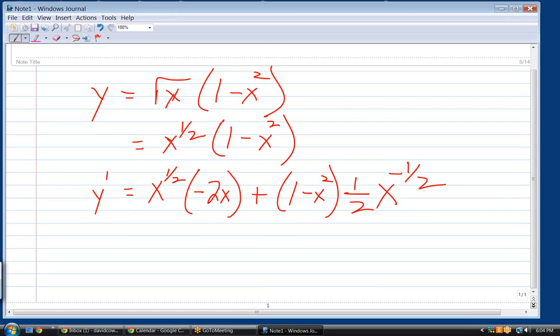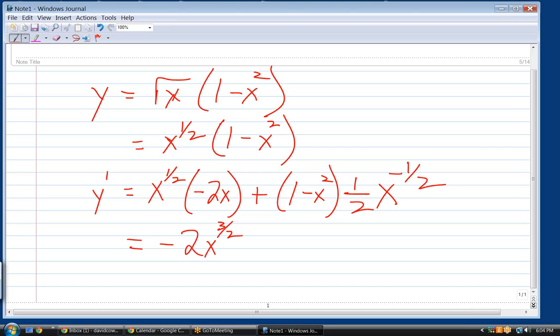Obviously, we have an x to the 1/2 times an x, so we can add those exponents. Let me do some minor simplification. All right, so this is interesting. What they're asking for is 1 minus 5x squared, divided by 2 root x. I guess they're wanting quite a bit.